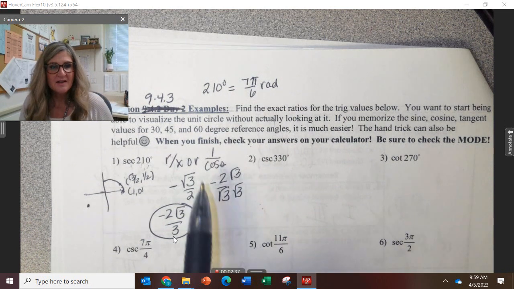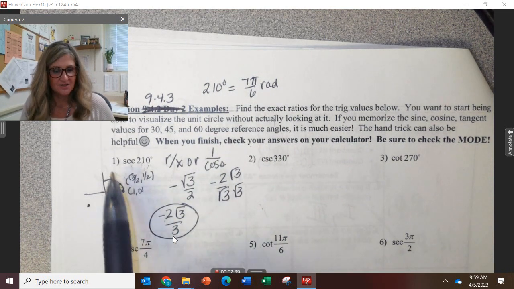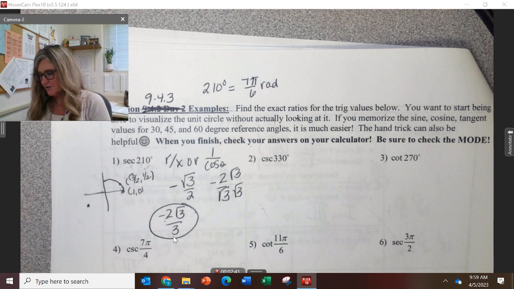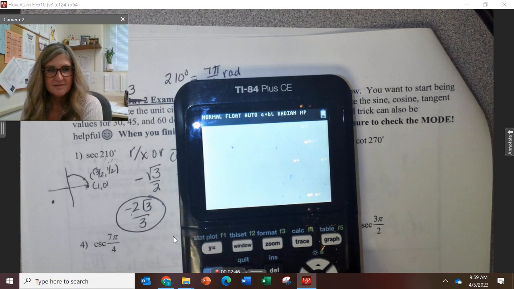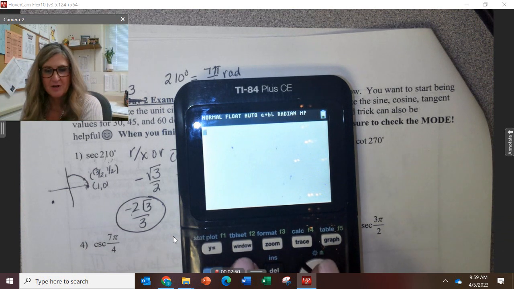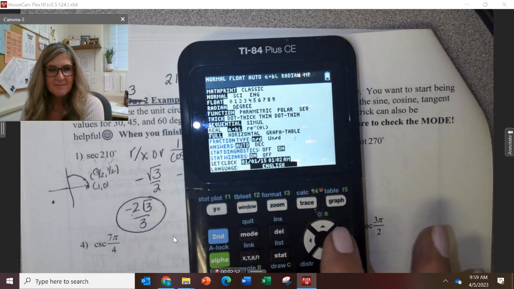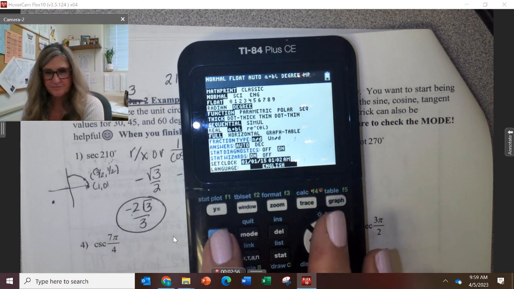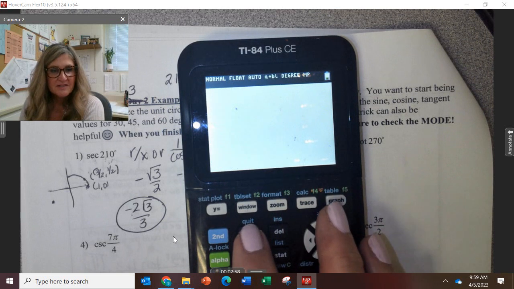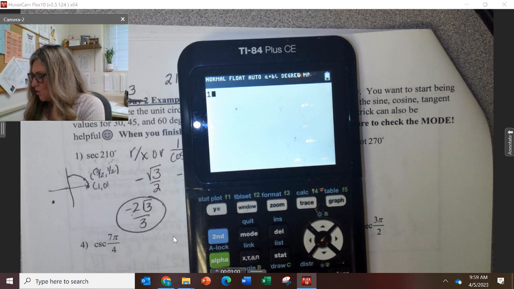Now, if I wanted to check this answer, everybody go to your calculator. To check this answer, first I have to go to my mode. I've got to make sure that I'm in degrees. To type this in, I have to do 1 divided by the cosine of 210.